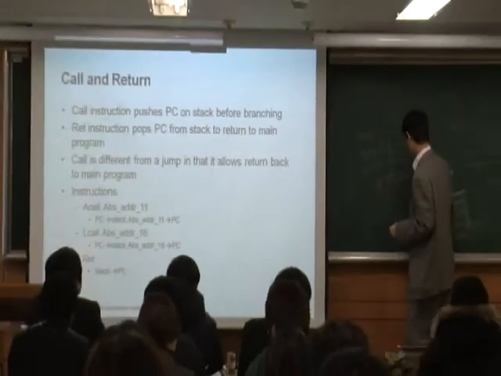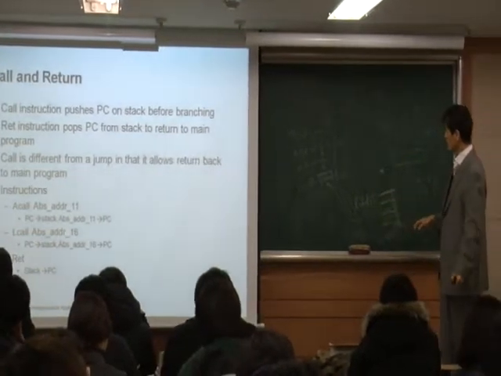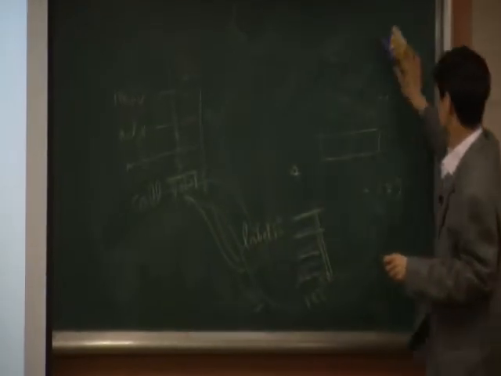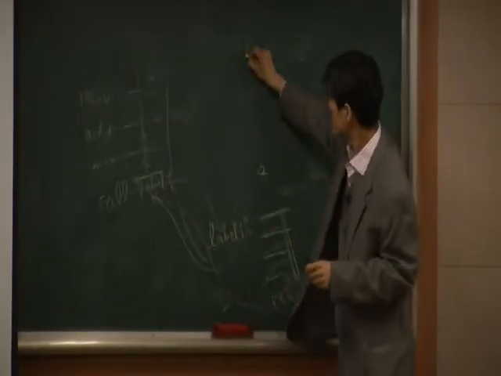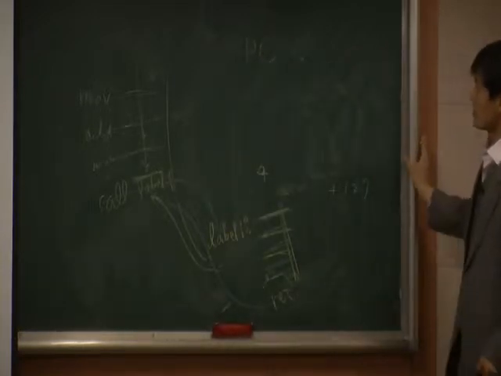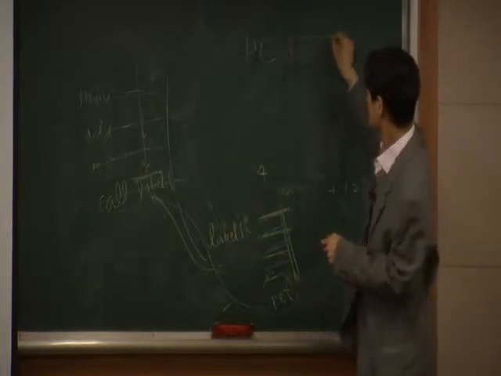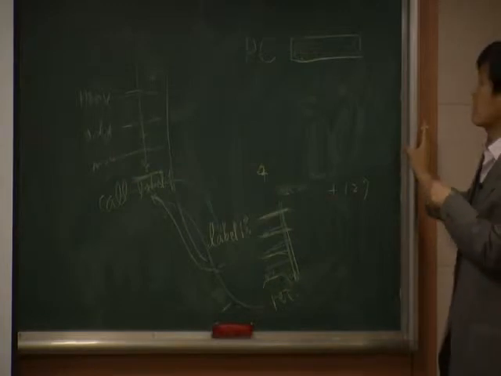So let's see how this works. Actually, before that, there's one very important thing. What is this one? Program counter, right? This is a register. What kind of value do you have in the program counter?